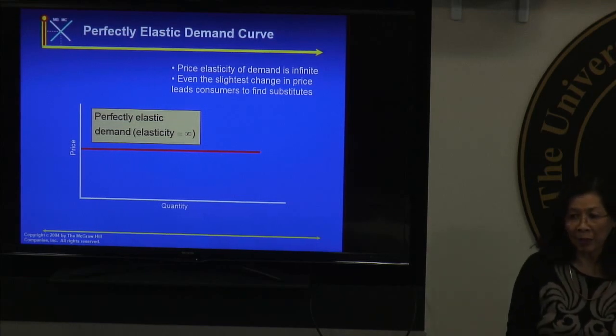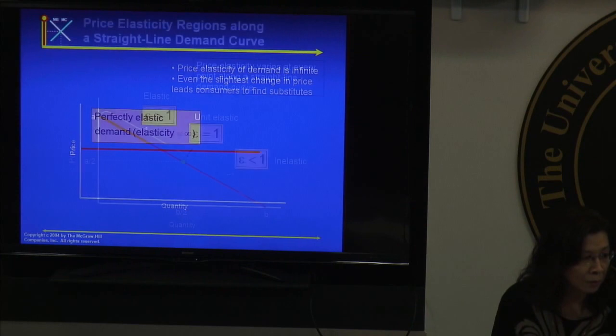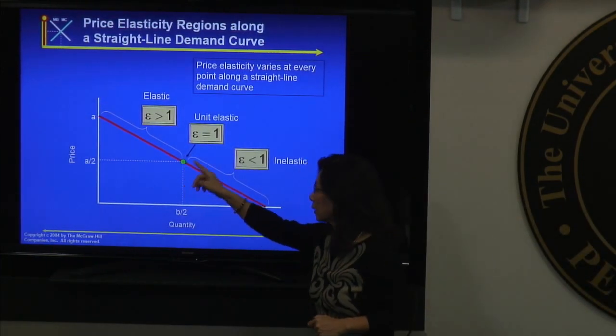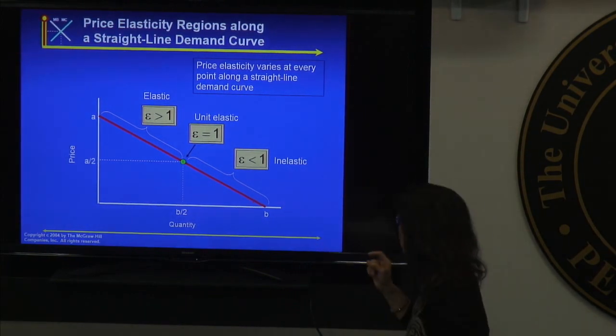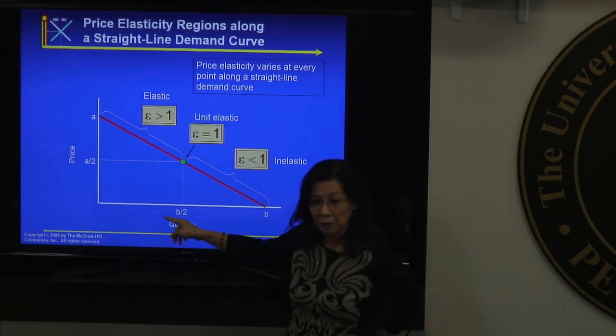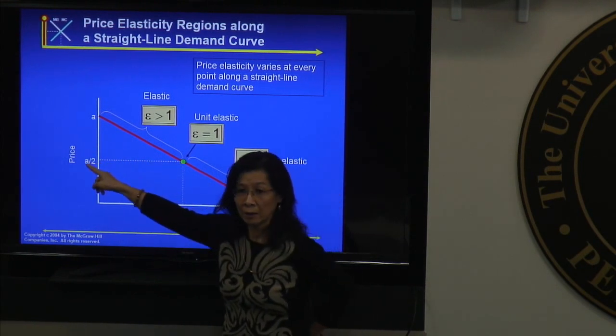Now we do have extreme cases. Remember the other day I mentioned that as we move, look at that tennis ball right there. That's the midpoint. Everybody notice that? So if this is, say, 20, what would this be? 10. And if this is 10, what would this be? That would be 5.